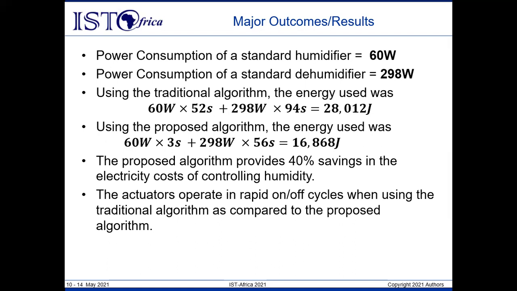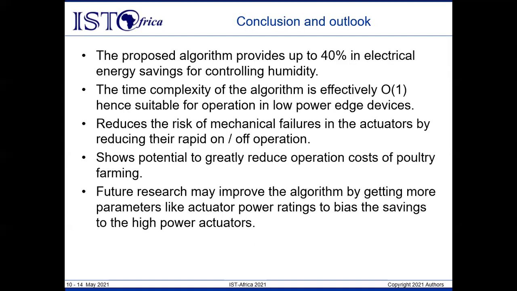Also, the actuators operate in rapid on and off cycles when using the traditional algorithm as compared to when using the proposed algorithm. So the rapid on and off cycles increase the risk of mechanical failure, which means when using the proposed algorithm, we are reducing the risk of mechanical failure in the actuators. In conclusion, we see that the proposed algorithm provides up to 40% in electrical energy savings for controlling humidity.